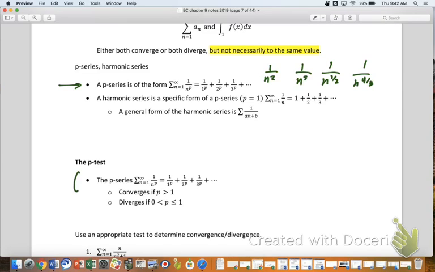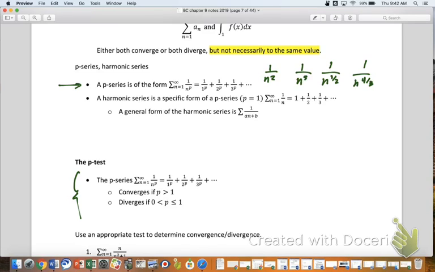If you remember from before, a p-series converges if p is bigger than 1 and diverges if p is less than or equal to 1. If p is less than 0, it would actually fail the nth term test, because the terms would be getting bigger and bigger. So this one's really simple.